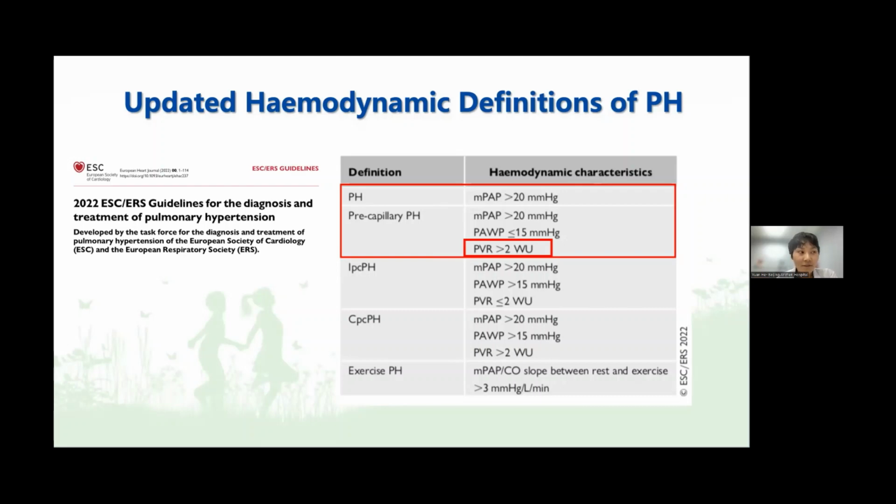PAH is precapillary pulmonary hypertension, characterized by mean pulmonary artery pressure greater than 20 millimeters of mercury, pulmonary vascular resistance greater than 3 units, and pulmonary artery wedge pressure less than 15 millimeters of mercury, in the absence of significant left heart disease and lung disease.